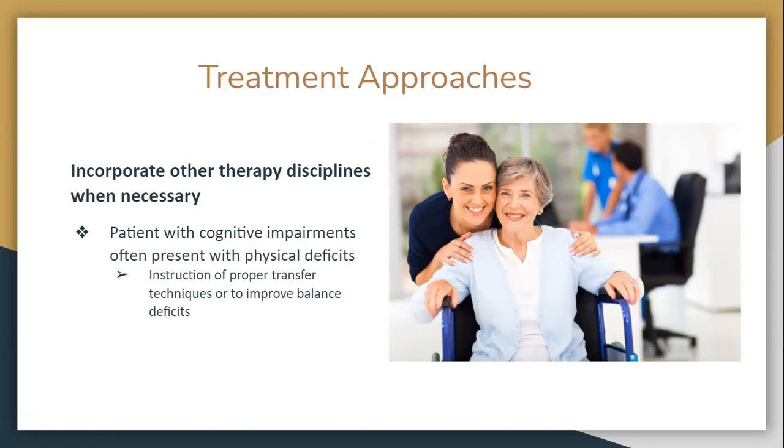This could include things like transfers and balance, which can impact the patient's safety and increase their risk of falling. In the case of Velma, I did refer her to physical therapy in order for physical therapy to work with Velma on her transfers.